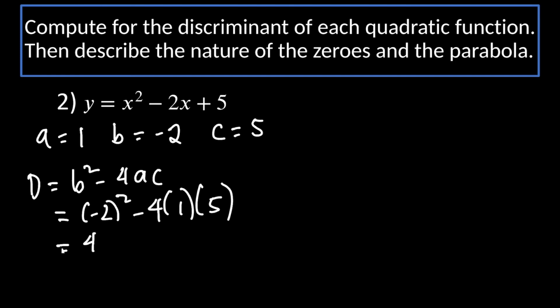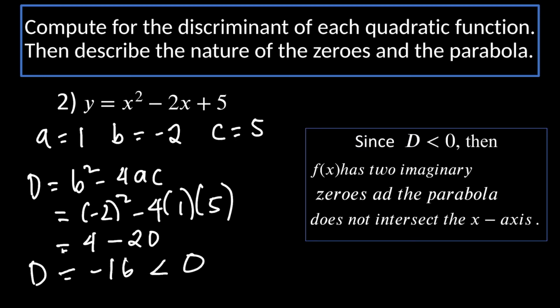This gives us 4 minus 20, which is negative 16. So D here is less than 0, and since D is less than 0, the quadratic function has two imaginary zeros and the parabola does not intersect the x-axis.